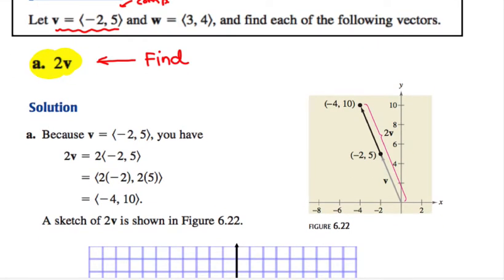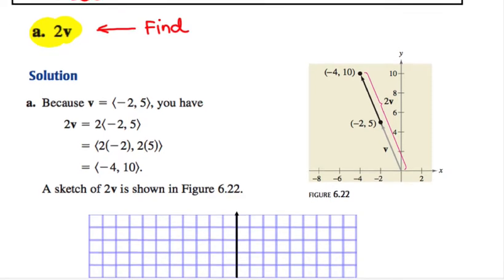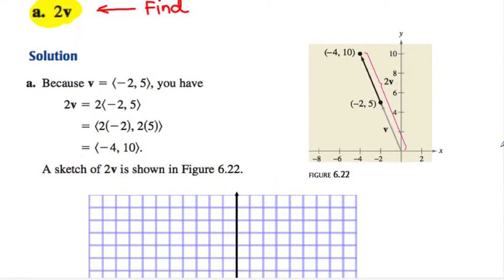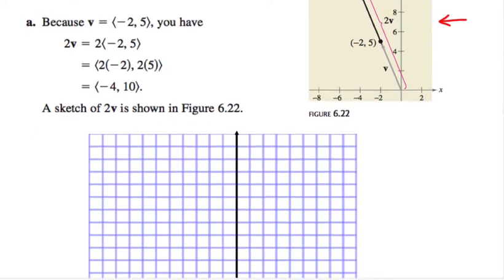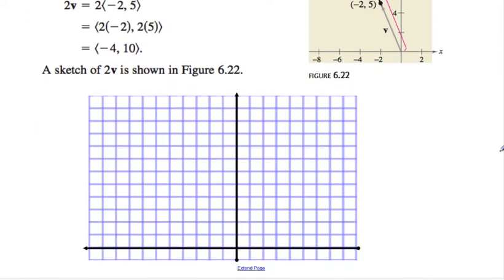So if you want to graph -2, 5, I have it completed up here, but I want to start over again. I liked the picture of it. If it's in component form, you always start at the origin 0, 0. We go left 2 on the x-axis, and then up 5: 1, 2, 3, 4, 5.